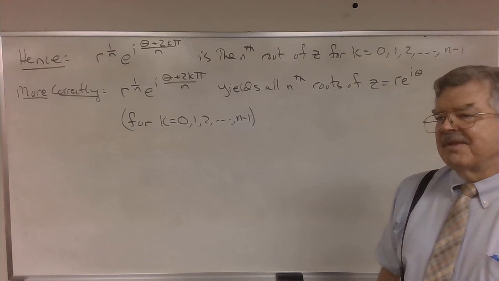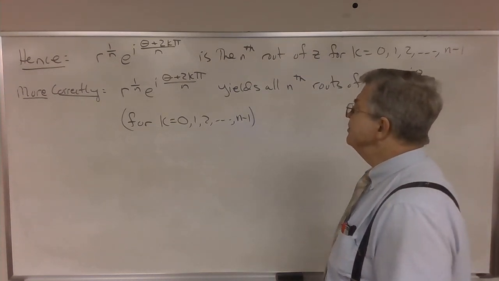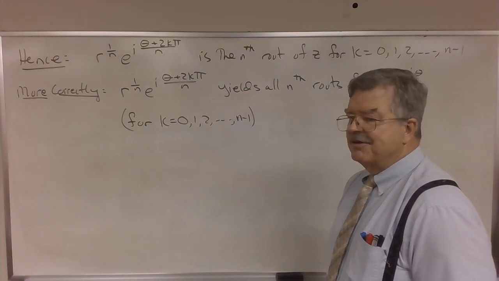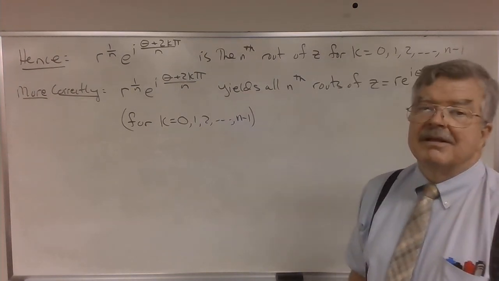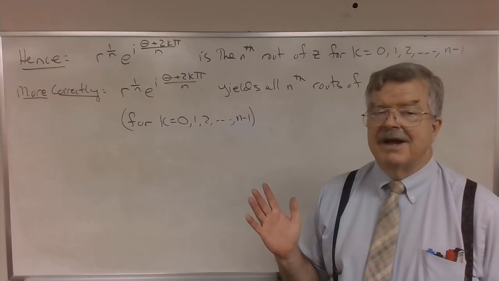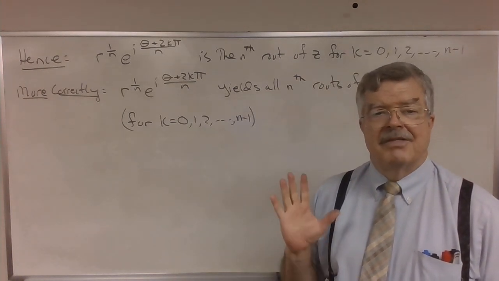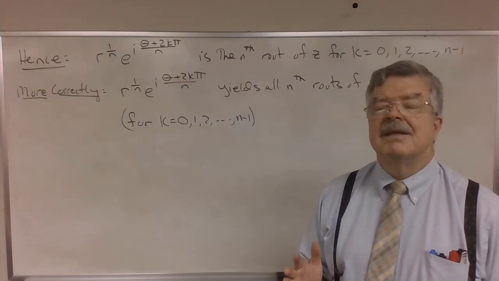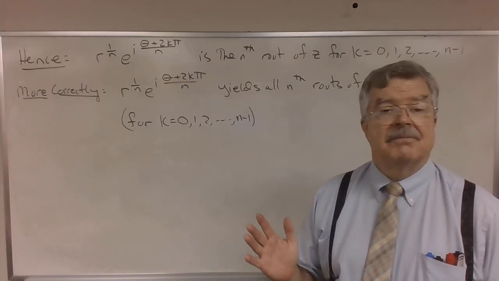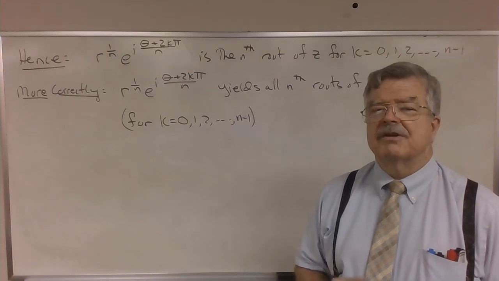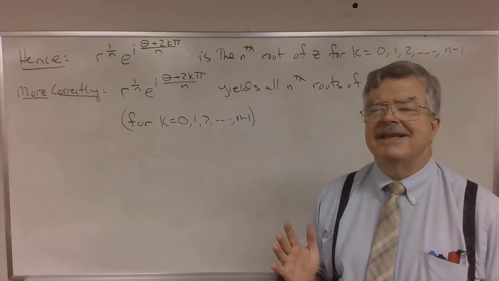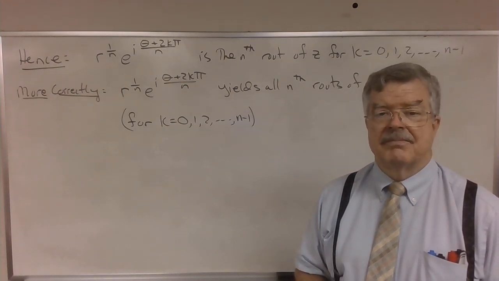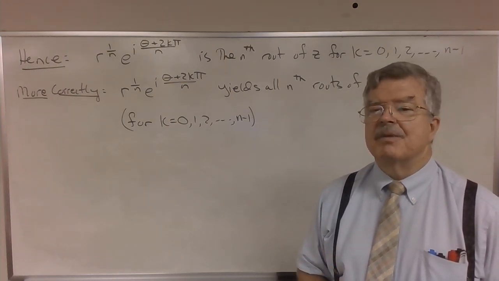So, a way to represent any complex number, r times e to the i theta. The algebra works very well for multiplication, division, exponentiation, nth roots. It works just as easily, if not more easily, than the polar notation. So this is something that we want to be very familiar with.